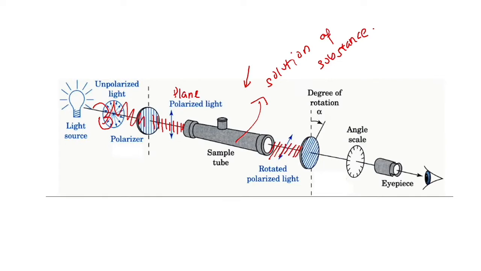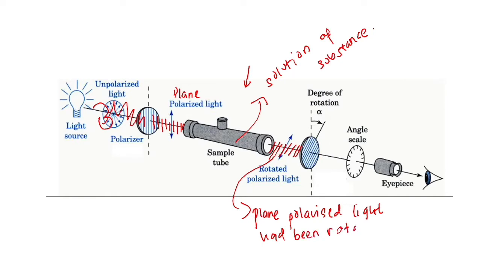So this is what we call plane polarized light had been rotated. Daripada 90 darjah tu dia dipusingkan atau dicapahkan menjadi like 45 degree or other than that, ada degree, tapi yang penting bukan lurus.